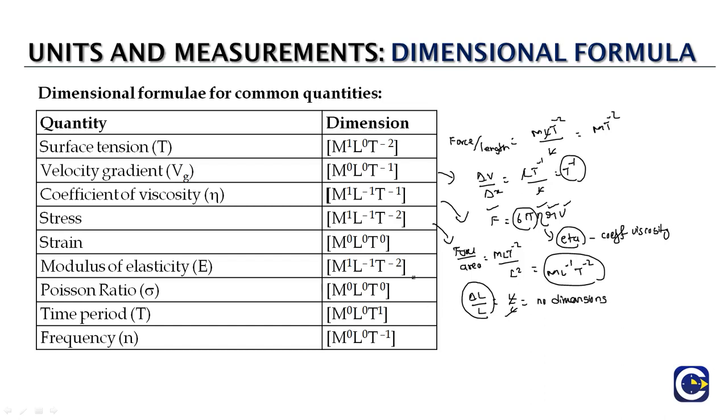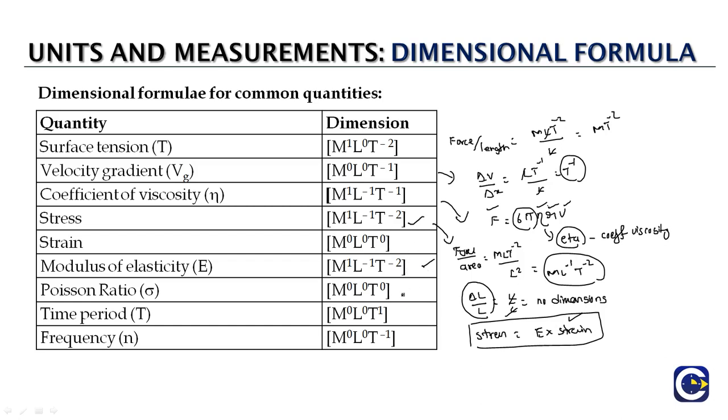Then we have modulus of elasticity, which is nothing but the relation between stress and strain. So the relation is stress is equal to modulus of elasticity into strain. From this formula we can get the dimensional formula for the modulus of elasticity. Since strain is dimensionless, both stress and modulus of elasticity will have the same dimensions.